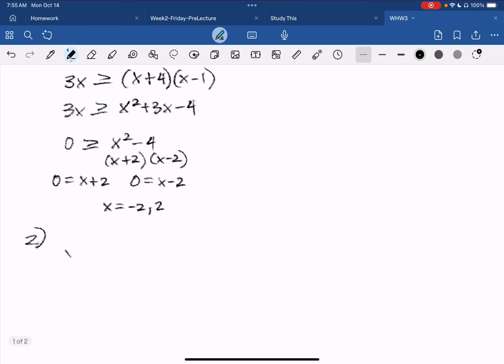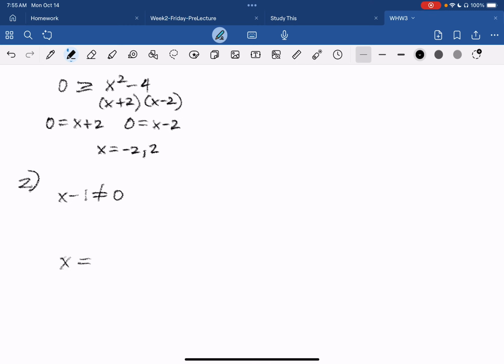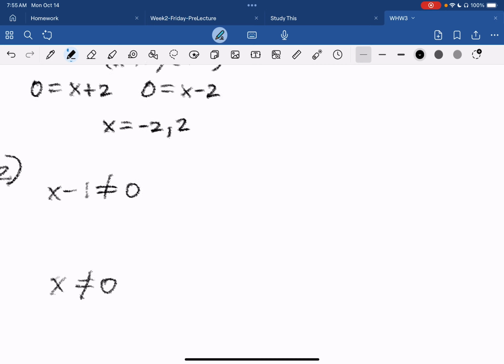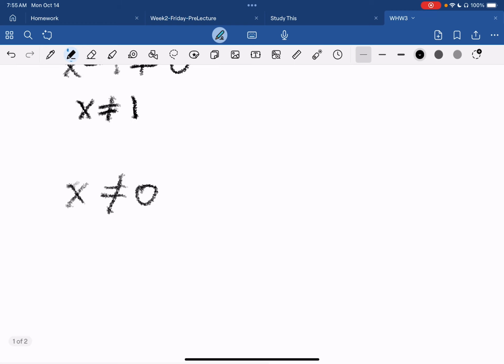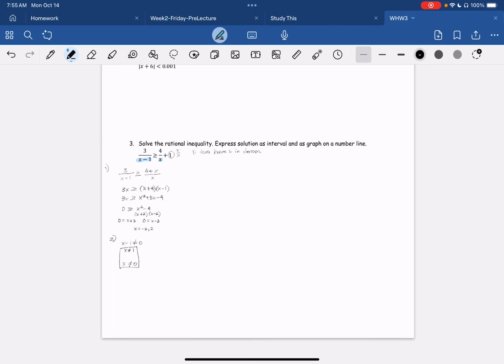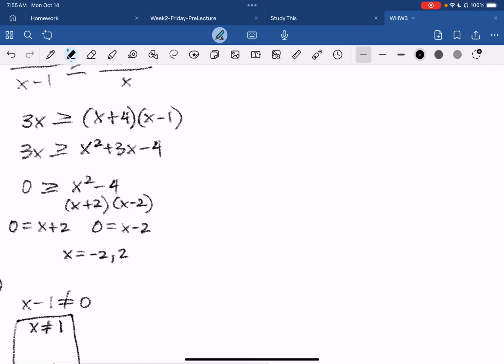It's when x minus 1 is equal to 0, so it can't equal 0, and then when x equals 0, and I can't have that. So x is 1, and then x equals 0. So these happen to be in my range here.